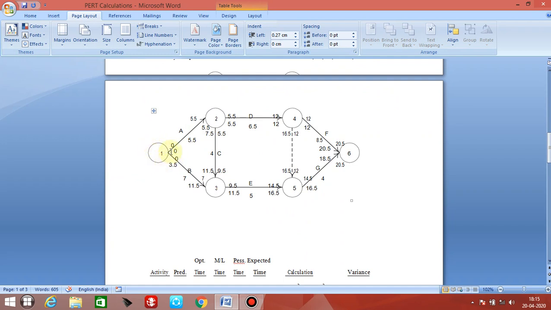From this node, two activities start at the same time because they do not have any predecessor. Successors means after this, predecessors means before this. So before this there is no activity. So A and B start from the first node 1. This is A and this is B.